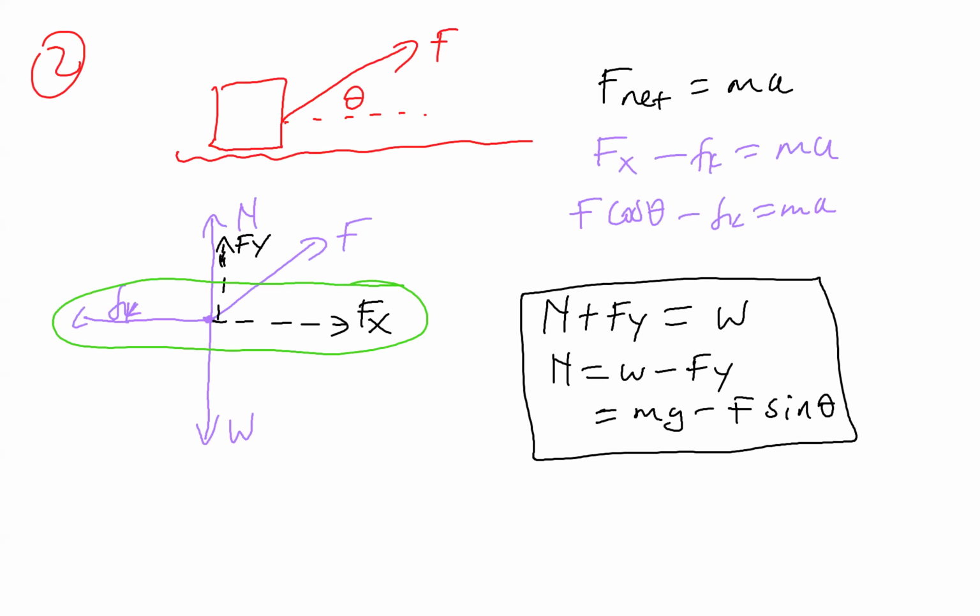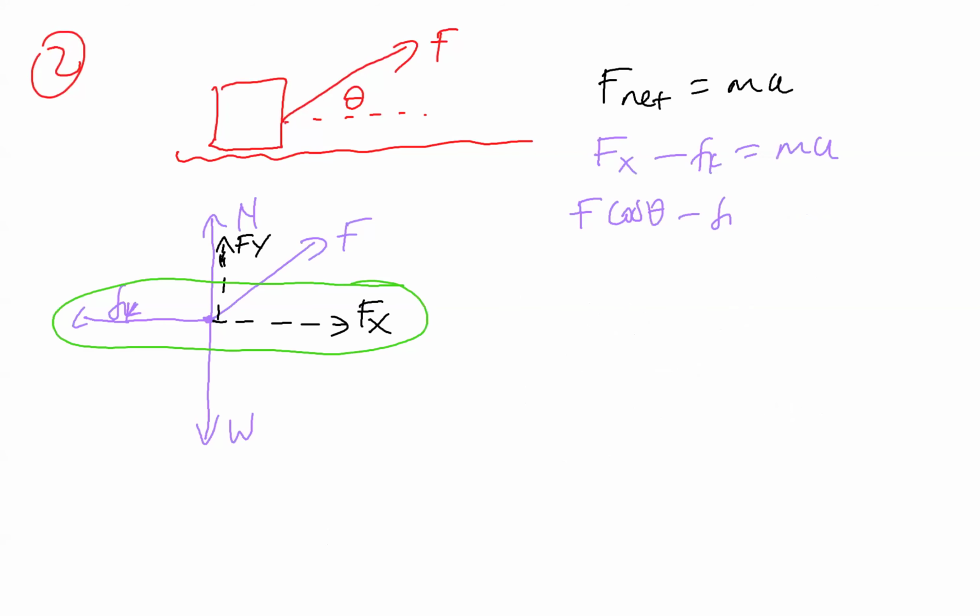They will only form a closed vector diagram when the object is moving at constant velocity or when the object is at rest. Because if not, then we're going to have something like this. This is our vector. You see, we have a tail here, meaning that this is not at equilibrium.